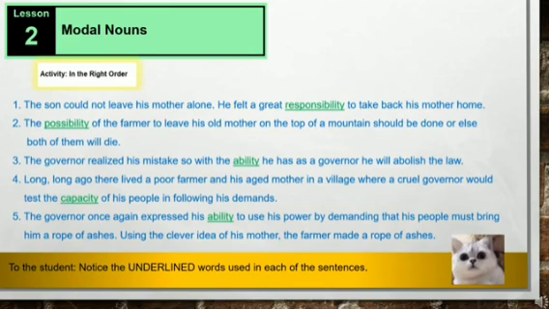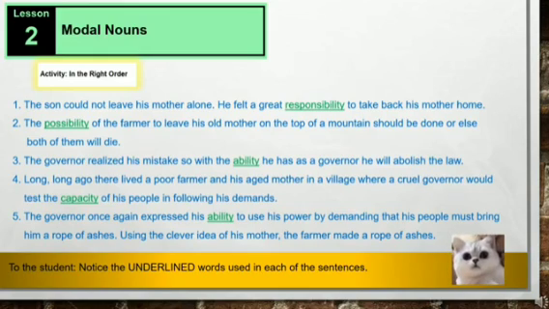The possibility of the farmer to leave his mother on the top of the mountain should be done, or else both of them will die. 3. The governor realized his mistake, so with the ability he has as a governor, he will abolish the law.